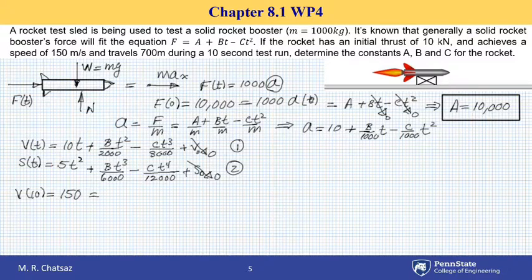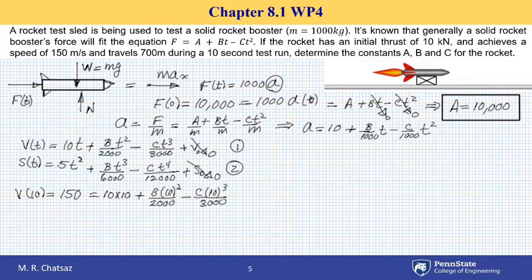I plug 10 seconds into equation 1, so I have 10 times 10 plus B 10 squared over 2000 minus C 10 cubed over 3000. So this is one equation with two unknowns.